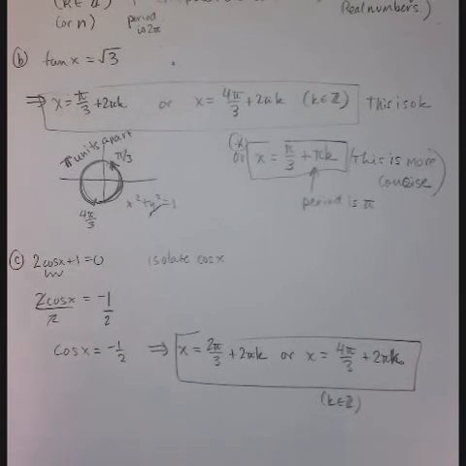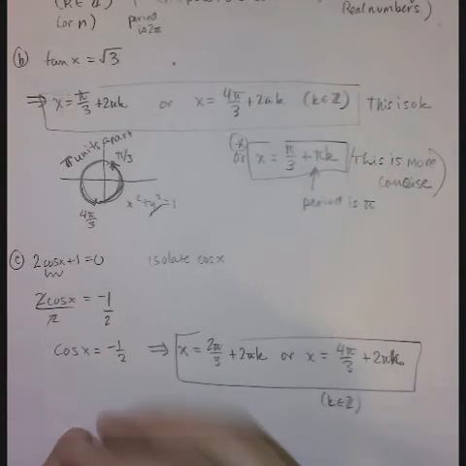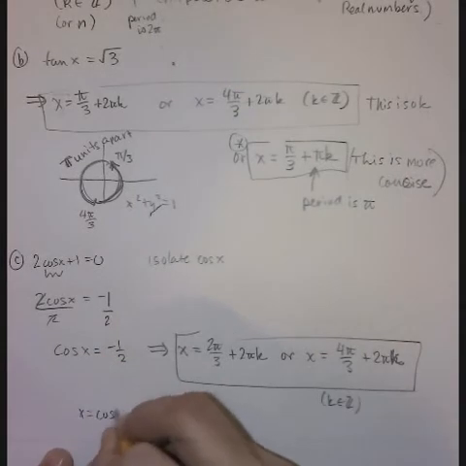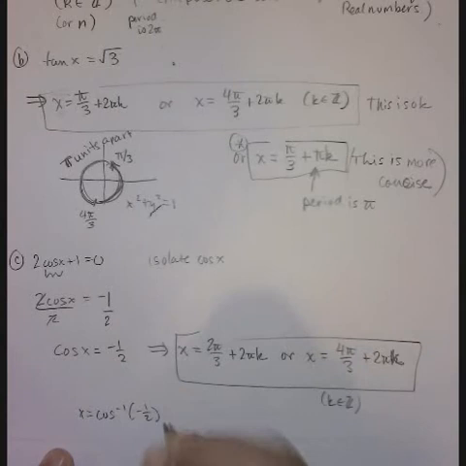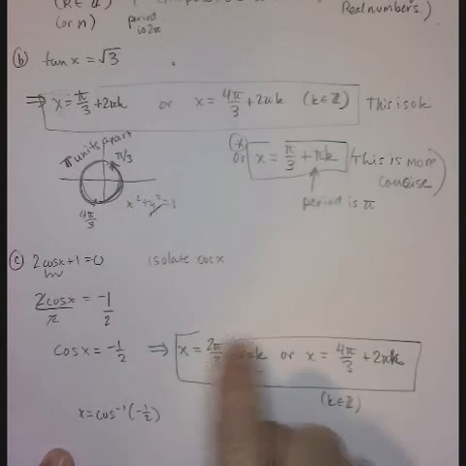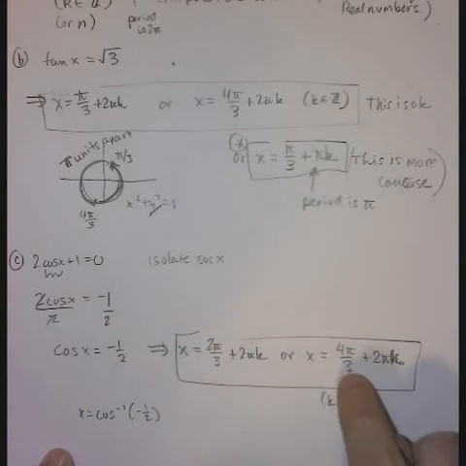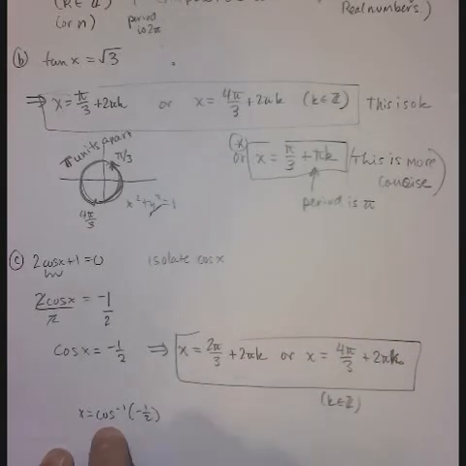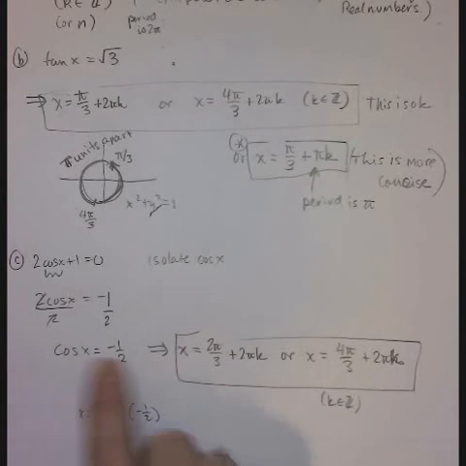Well, you can use the inverse function, but it gets real tricky with that, because if you write x equals cosine inverse of negative 1/2, that only represents this solution. So then you have to get fancy to write the answer for 4 pi over 3 in terms of cosine inverse. So it's just easier to say, okay, there's going to be two solutions that give me a negative, which ones are they, and then add the period to those.